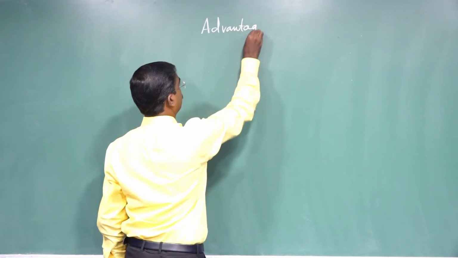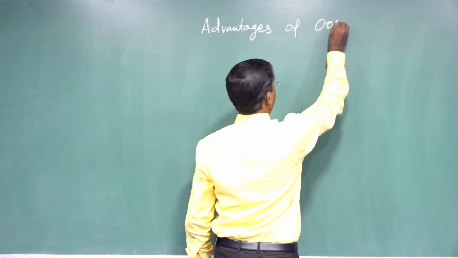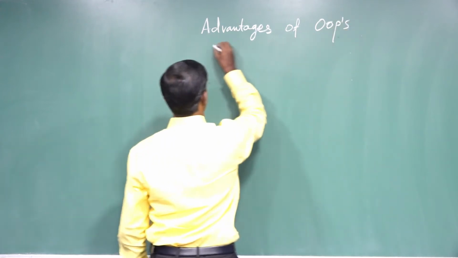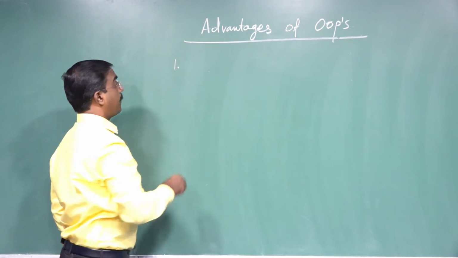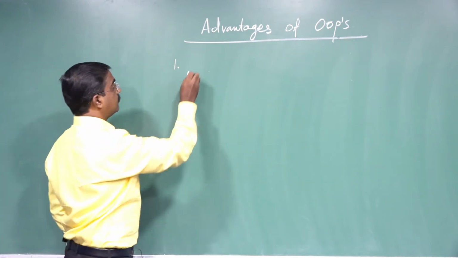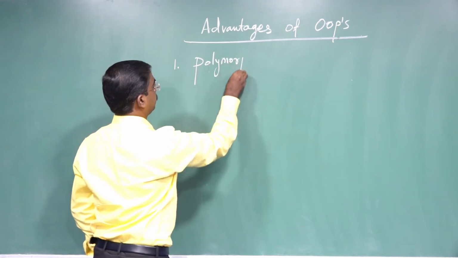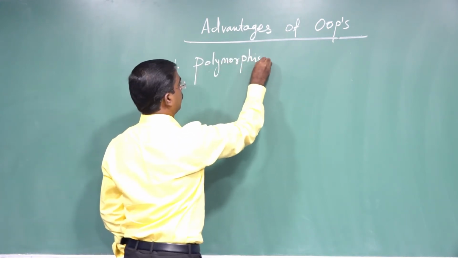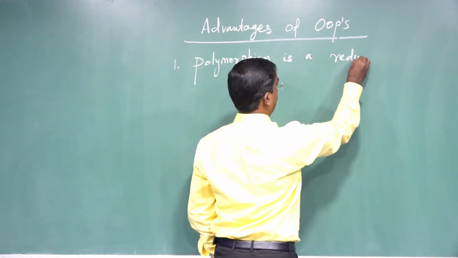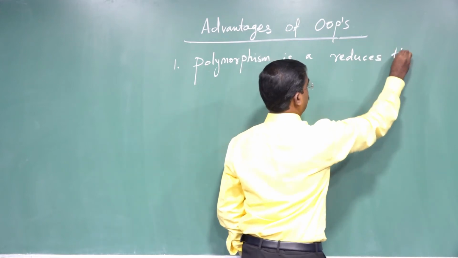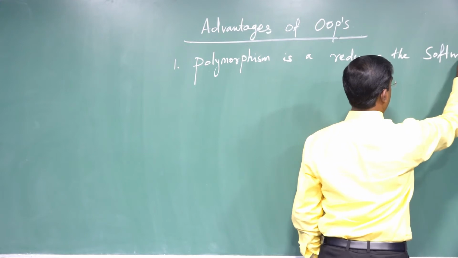Advantages of OOPS. What are the advantages of OOPS? Number one is that polymorphism reduces the software complexity.